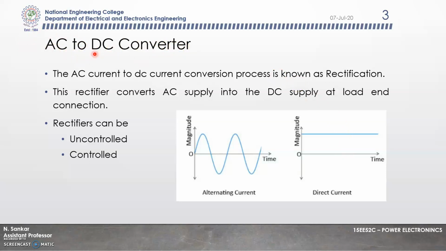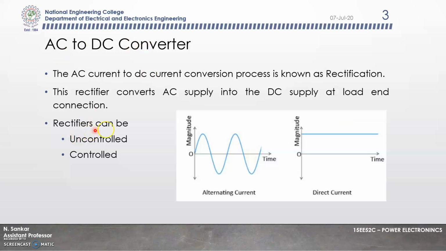The process of converting AC to DC is called rectification. The rectifier converts the AC current to DC current, a process that can be done using a simple AC to DC converter.